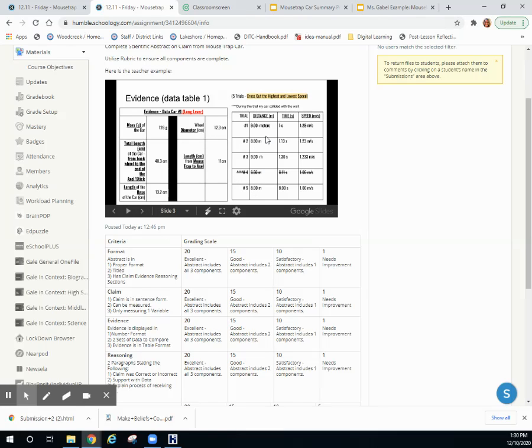I just had to resize them so that they fit properly on the page, and that falls under the neatness portion. All right, good luck. This is a test grade, so give me your best. It'll be due Wednesday, December 16th.